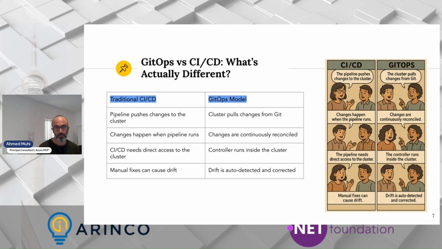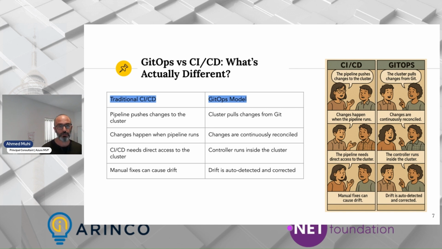And of course, finally, there is the security aspect. When you want to push from your CI/CD pipeline to your cluster, you need to give your CI/CD pipeline access to the cluster, and that is a security risk because your CI/CD pipeline could be compromised.